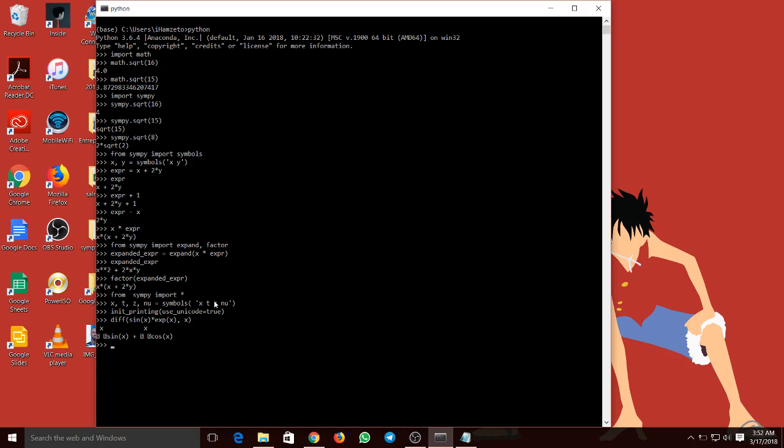Let's say we want to do something complex like integration. We want to compute the integration of sine x squared dx.